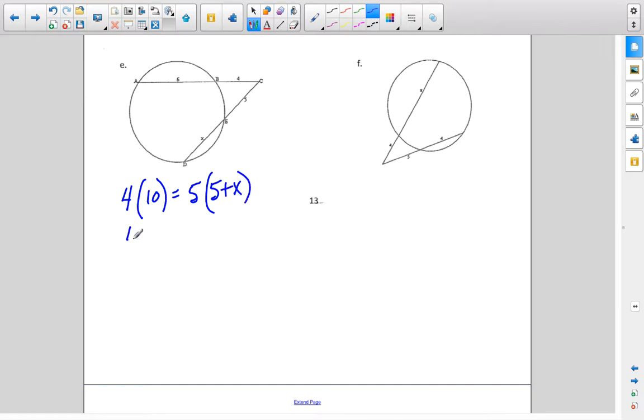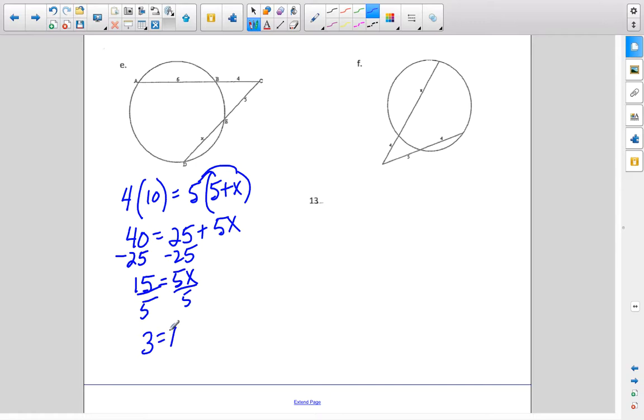So 4 times 10 is 40. Have to remember to distribute here. 5 times 5 is 25, plus 5 times x, 5x. Subtract your 25 from both sides, and we'll get 15 equals 5x. And dividing both sides by 5, x equals 3, or 3 equals x.